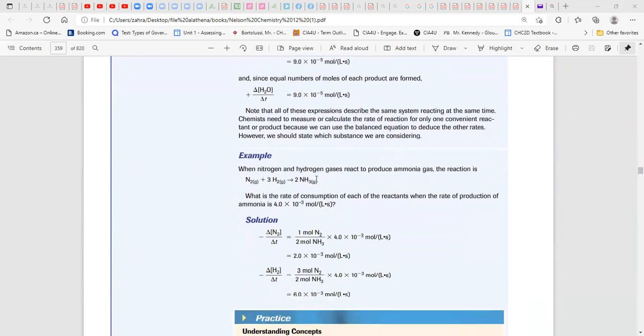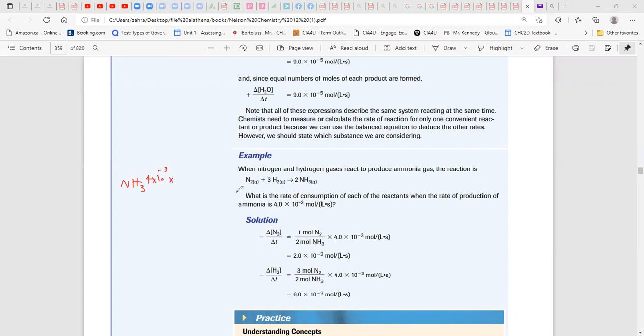Now, when nitrogen and hydrogen gases react to produce ammonia gas, the reaction is given. What is the rate of consumption of each of the reactants when the rate of production of ammonia is 4 times 10 to the power negative 3? So here is 4 for this one, for NH3. The rate of reaction is 4 times 10 to the power negative 3.